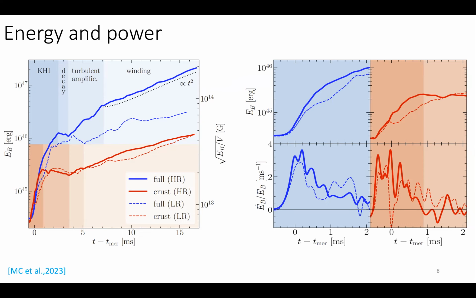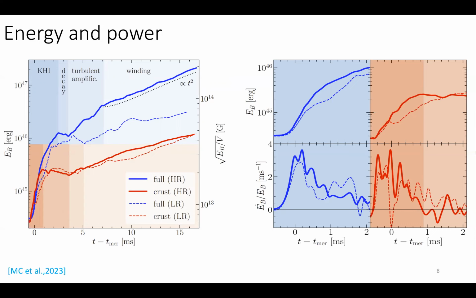And trying to understand where this comes from, we have identified different stages which are active during the evolution, from the merger of the two neutron stars to the end of our simulations. And for the most part, the stages are essentially the same for the full configuration and the cross configuration.